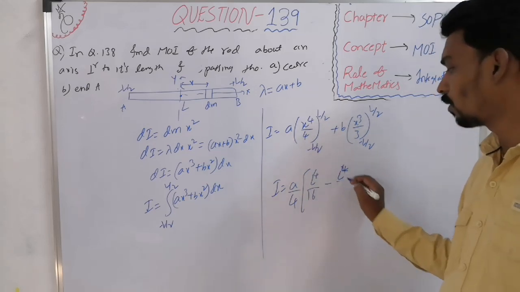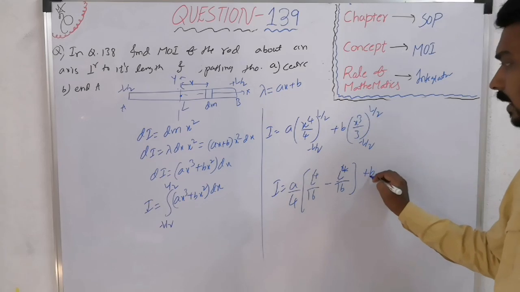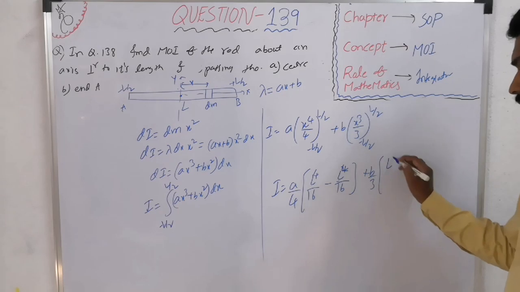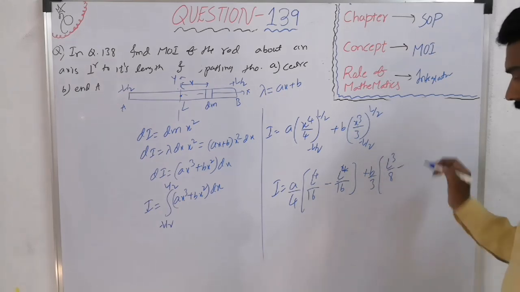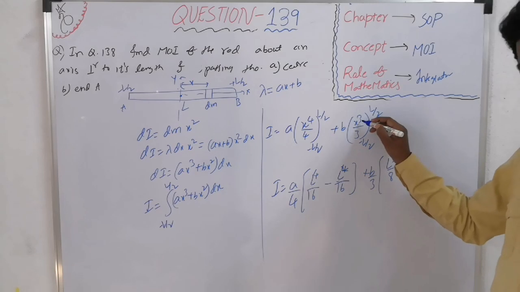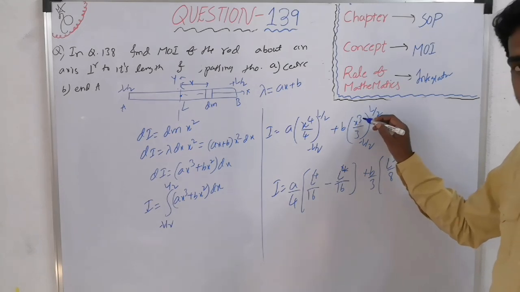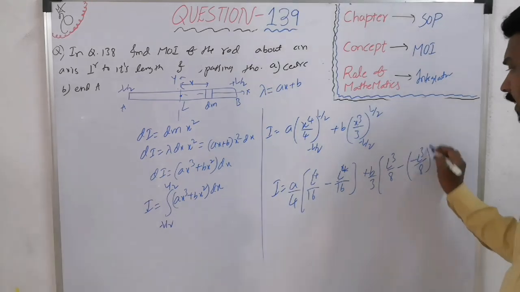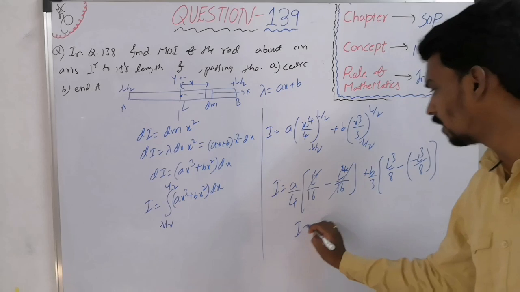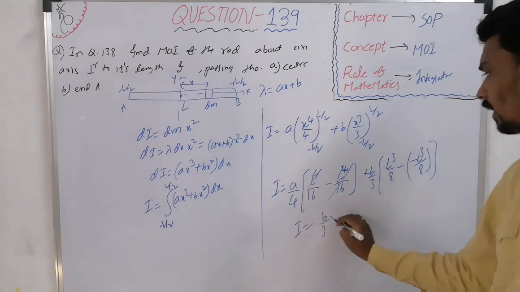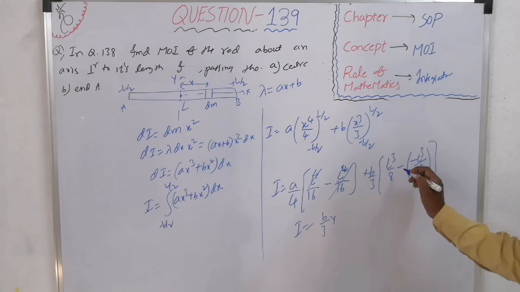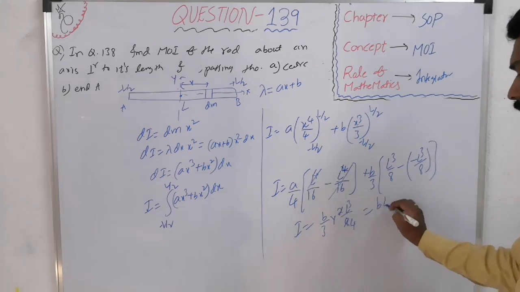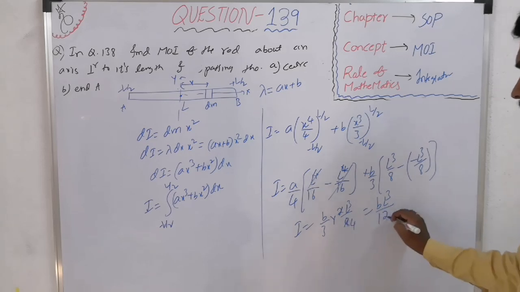So again L power 4 by 16, plus B by 3, let's take this 3 also outside, L by 2 whole cube, L cube by 8, minus L by 2 whole cube, this is 3, an odd number, then minus will come. So minus L cube by 8. So these two will get cancelled. It will become b by 3 into L cube by 8 minus of minus plus. So 2 L cube by 8. So 2 4s are, so b L cube by 4, 3 4s are 12.